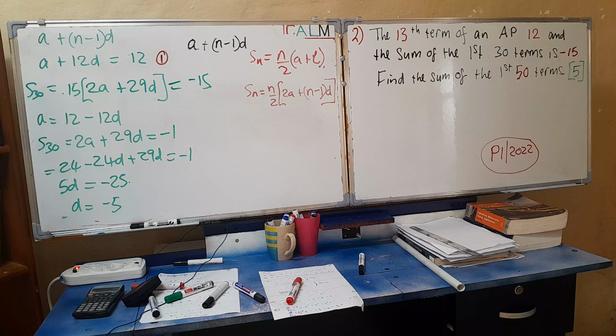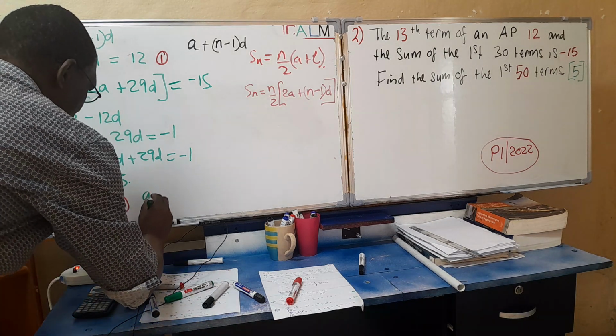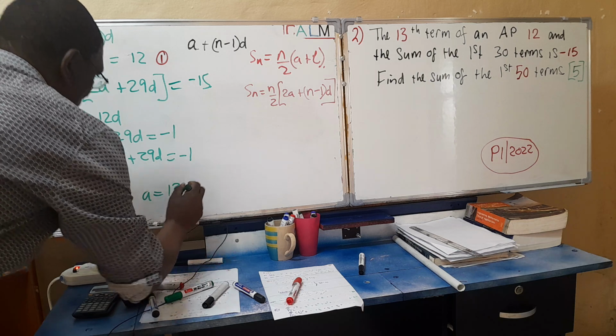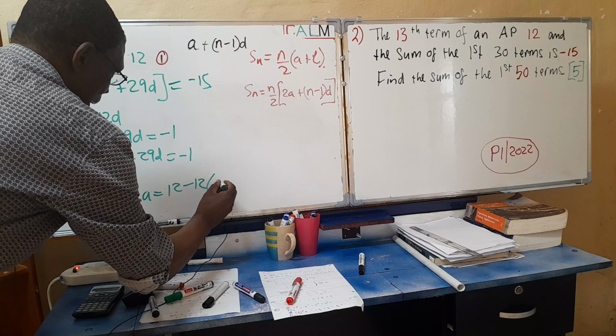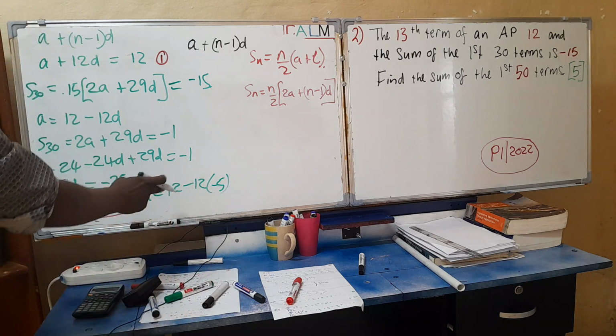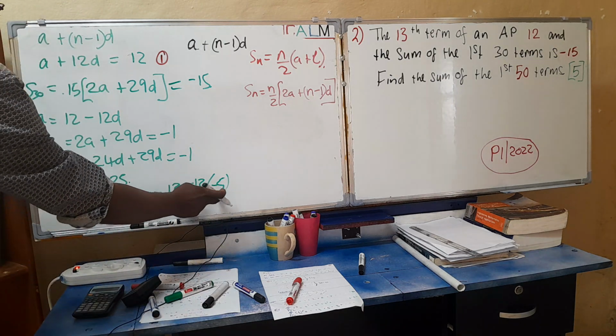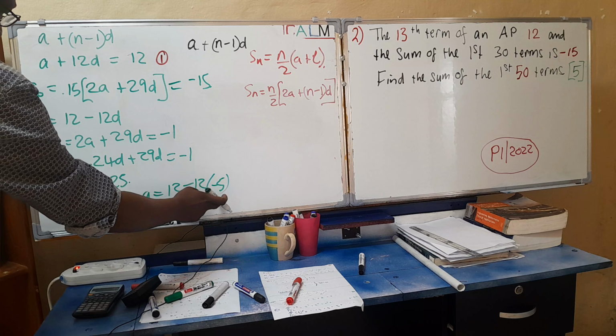So that's the value of d there. I found d is equal to minus 5. What about my a? My a is given as that. So a will be equal to 12 minus 12 times minus 5, which is 12 plus 60, because minus 12 times minus 5 is 60.